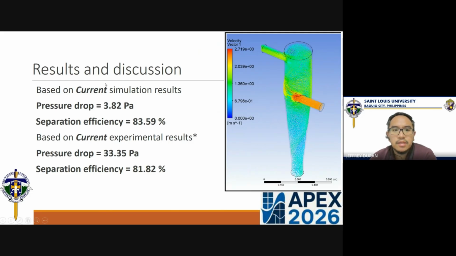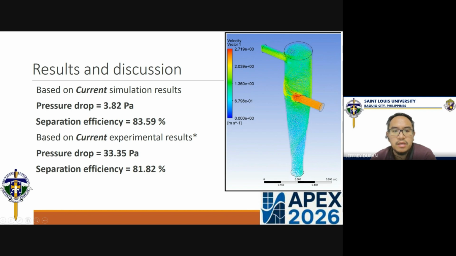Based on the current simulation results, the pressure drop reduced significantly. So the pressure drop based on the simulation is 3.82 pascals, whereas the separation efficiency is measured at 83.59%.